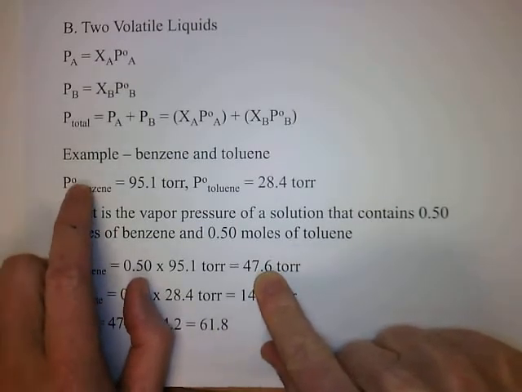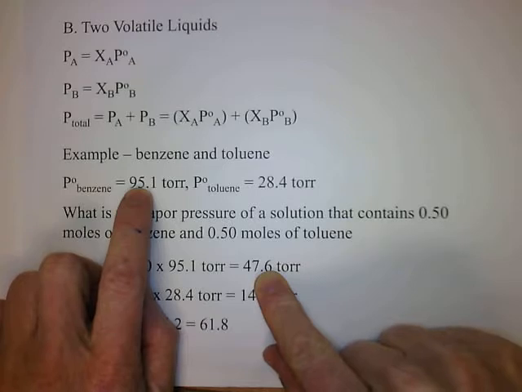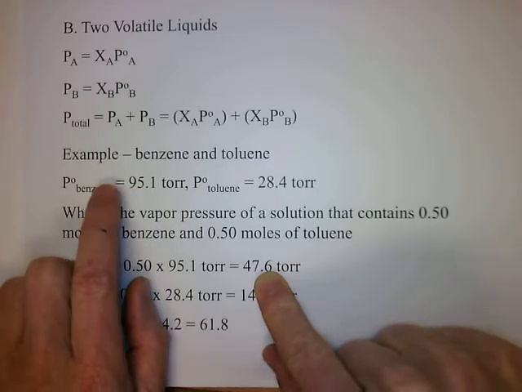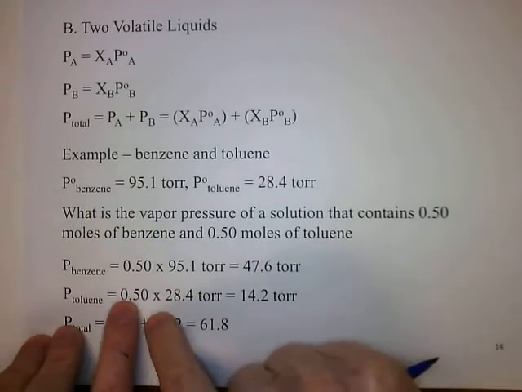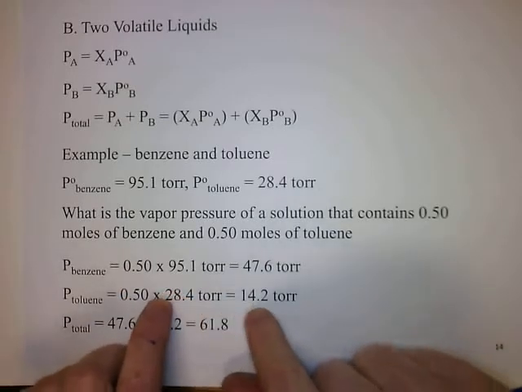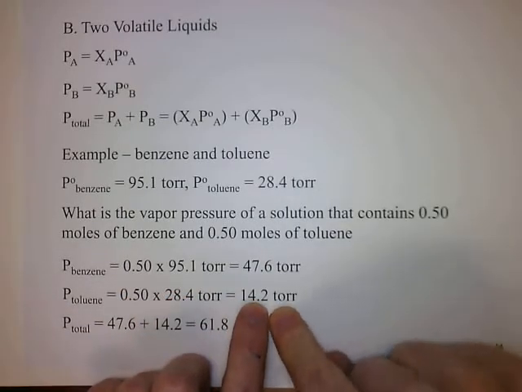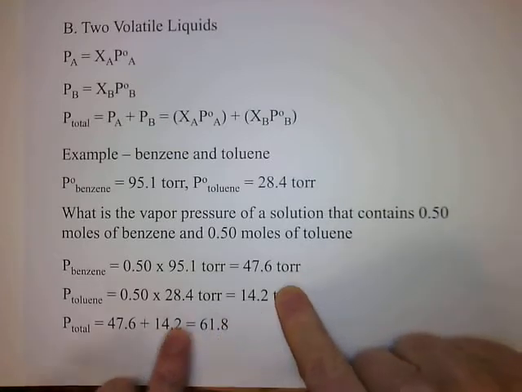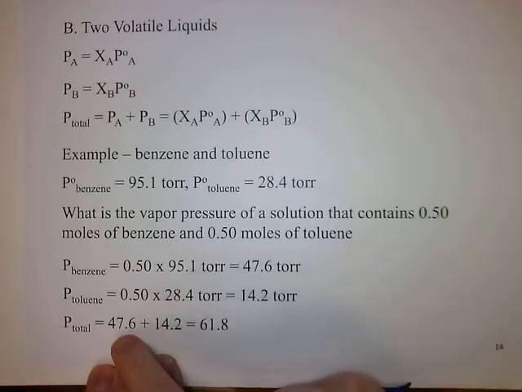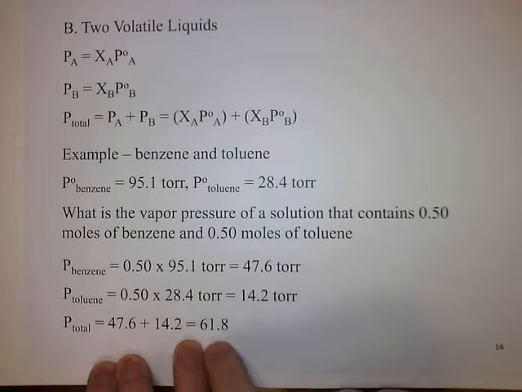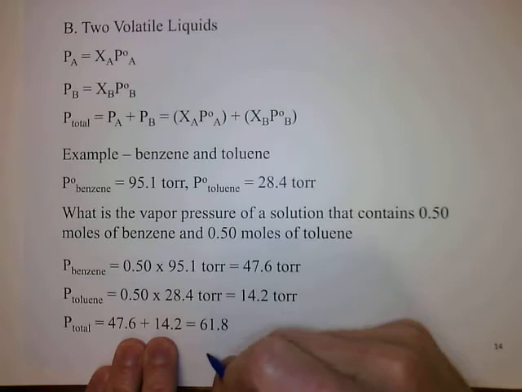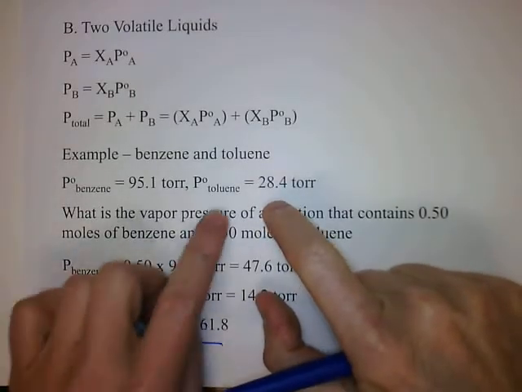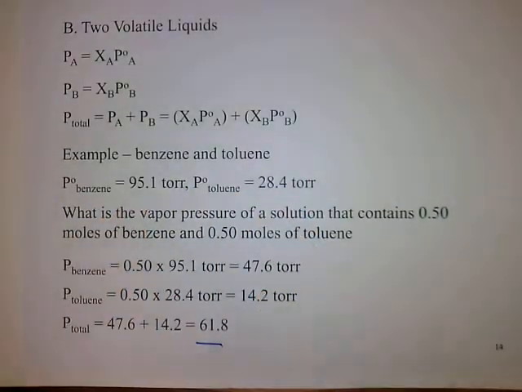The vapor pressure of the benzene component has come down, and the toluene is 0.5 times 28.4, which is 14.2. We add those two together, and 47.6 plus 14.2 is 61.8, and this number is, in fact, between 28.4 and 95.1, like we thought it should be.